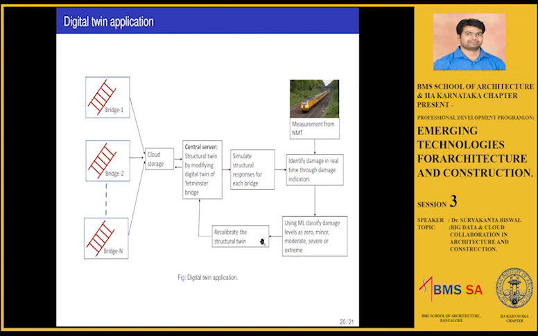Once we identify damage, we'll calibrate the structure twin, it will go to the center server, and this data will again be fed to the cloud storage. So this is the full structure of how cloud data and big data is used in the monitoring of the bridges.